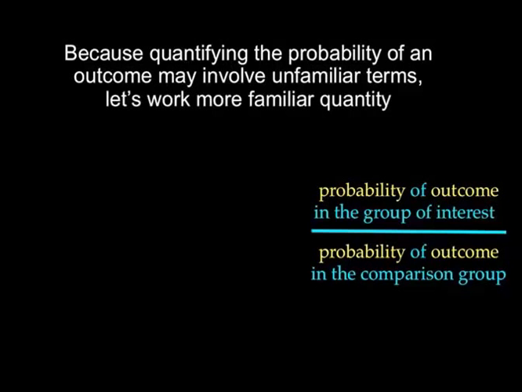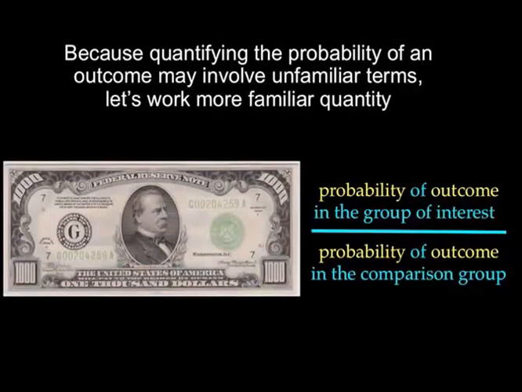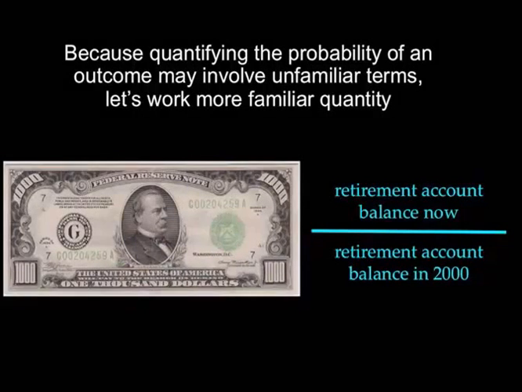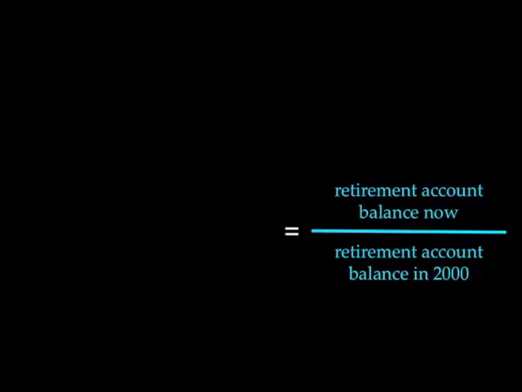Let's work with a more familiar quantity. Money. I like money. And we'll talk about my retirement account balance now relative to my retirement account balance in the year 2000. Now, that's also going to be some number over another number, which will be a ratio.